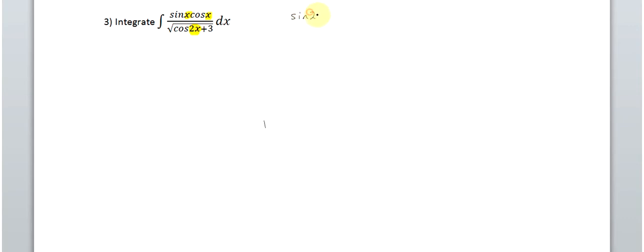The sine of 2x equals 2 times sine x cos x, which of course means that sine x cos x must be equal to a half of sine 2x. So that's exactly what we're going to do.